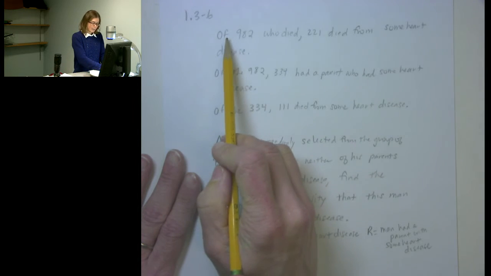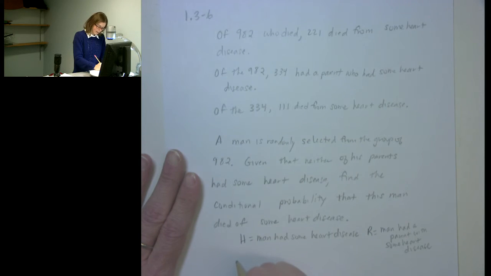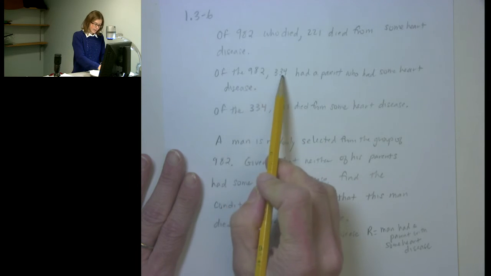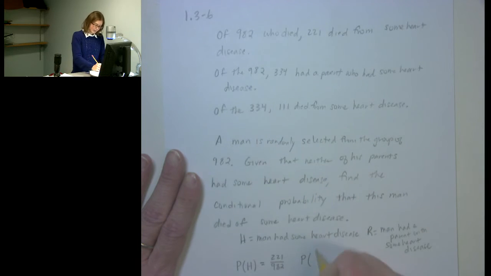What we're given is the probability of H, having heart disease, is 221 out of the 982. 334 had a parent with some heart disease, so the probability of R is 334 out of 982.